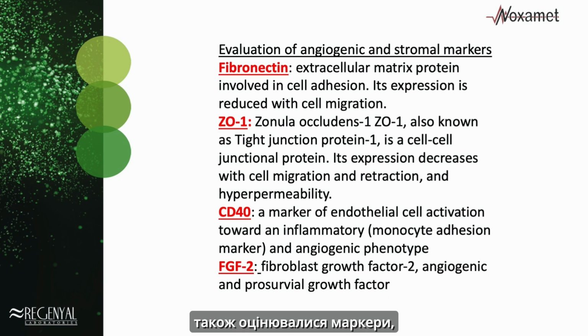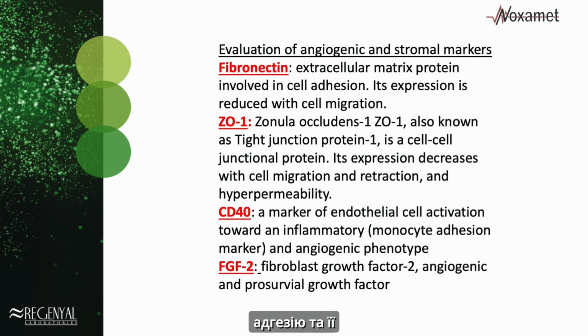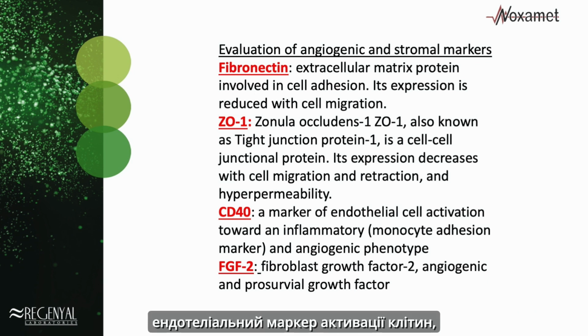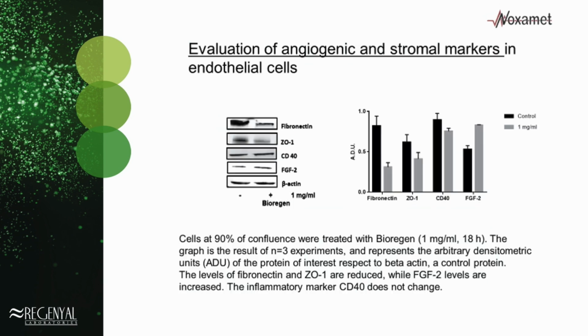Angiogenesis markers were also evaluated, such as fibronectin, which is a protein involved in cell adhesion, and its expression decreases with cell migration. Likewise, zonula occludens, which decreases with cell migration. CD40, which is an endothelial marker of cell activation, and FGF2, which is the fibroblast growth factor.